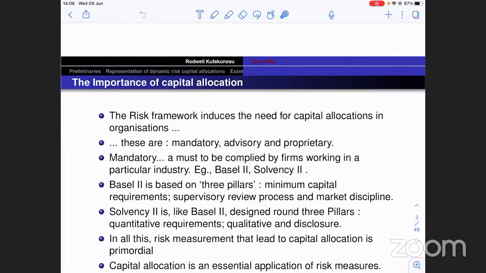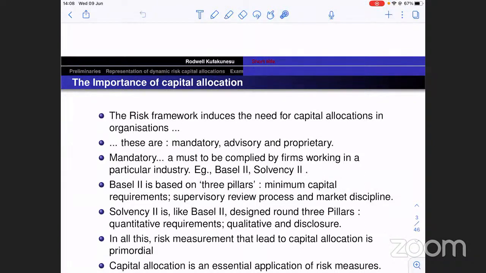Basel II, for instance, is based on 3 pillars: minimum capital requirements, which is crucial, supervisory review process, and market discipline. Solvency II, like Basel II, is designed around 3 pillars as well: the quantitative requirements, qualitative requirements, and disclosure.